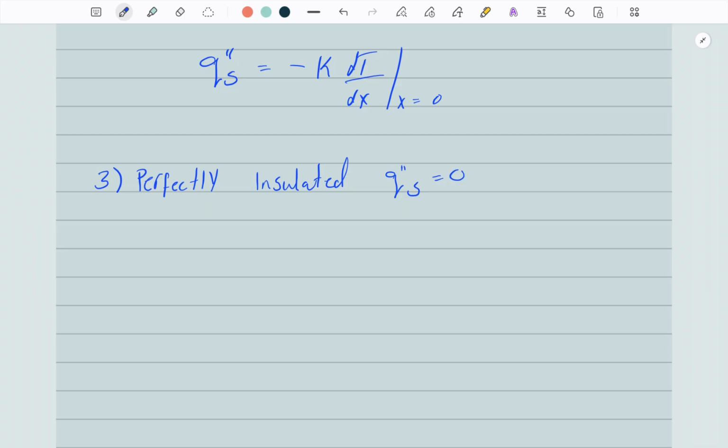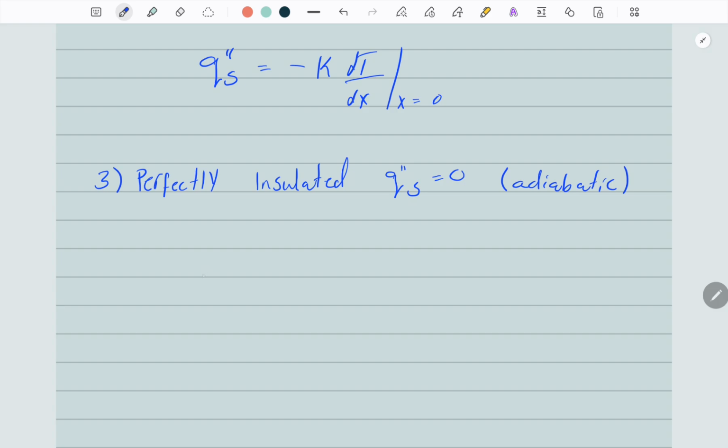Meaning that, for example, your water pipes in the basement could be insulated, but they're not perfectly insulated. Just because a system is insulated, that doesn't mean it's perfectly insulated. To be perfectly insulated, that means your heat flux is 0 or close to 0. If it's close to 0, we can also assume that to be perfectly insulated, and we call that adiabatic.